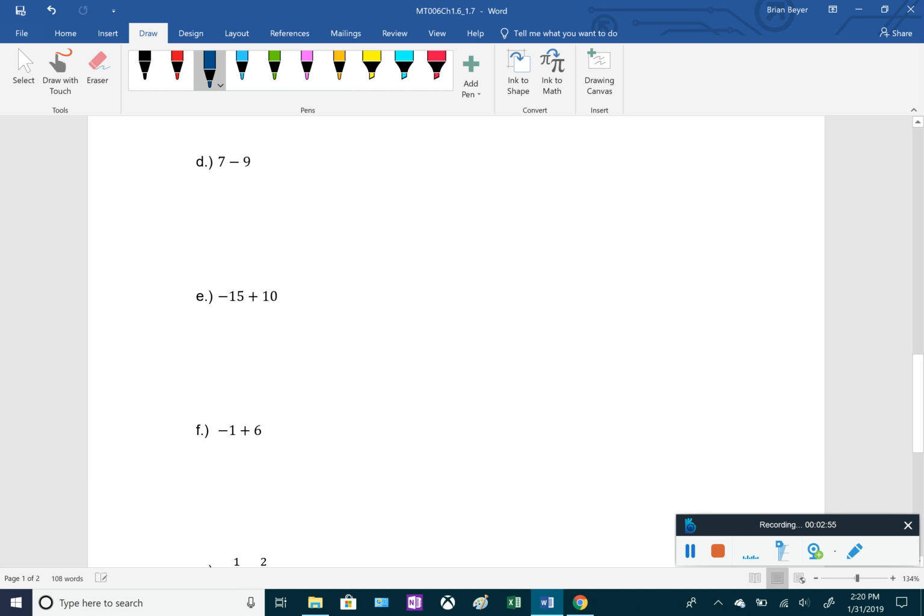Next one, 7 minus 9. We can think of 7 minus 9 as 7 plus a -9 if you want. For this one, I'll draw out a number line. We're starting at 7, and we're going to be moving to the left 9 units: 1, 2, 3, 4, 5, 6, 7, 8, 9.